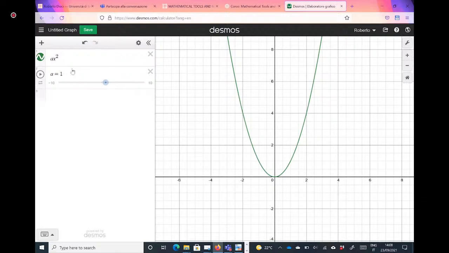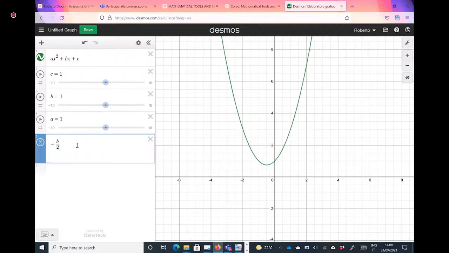What about B? Remember that the abscissa of the vertex is minus B over 2A. Okay, minus B over 2A is the abscissa of the vertex. The abscissa here is minus 0.5. You can see the value, okay?